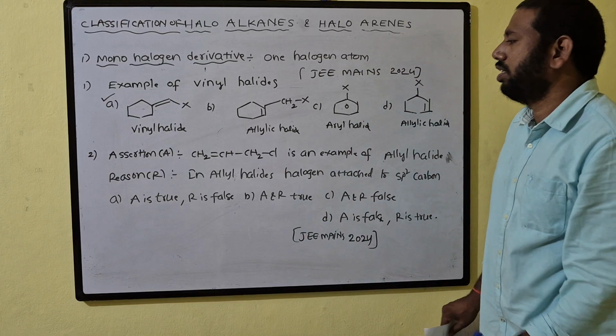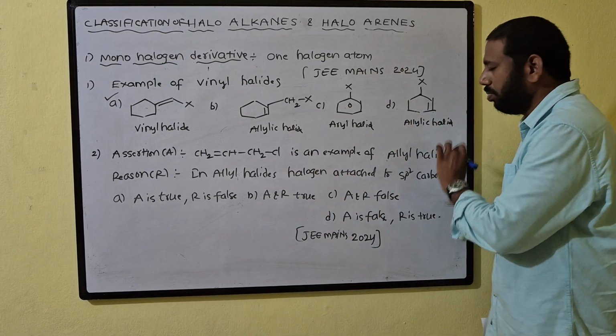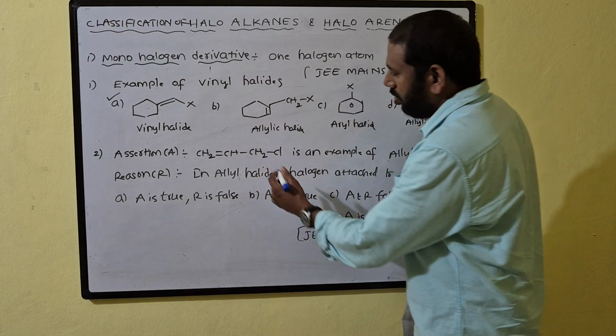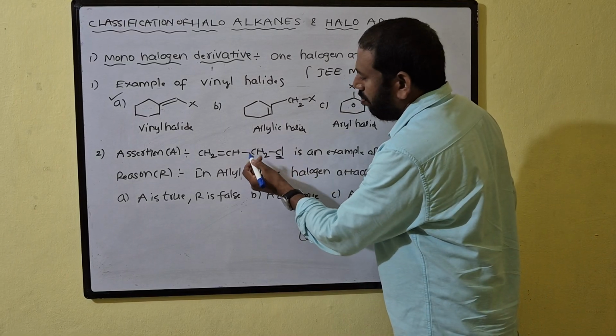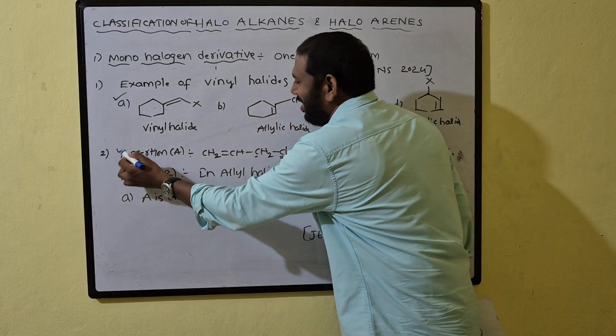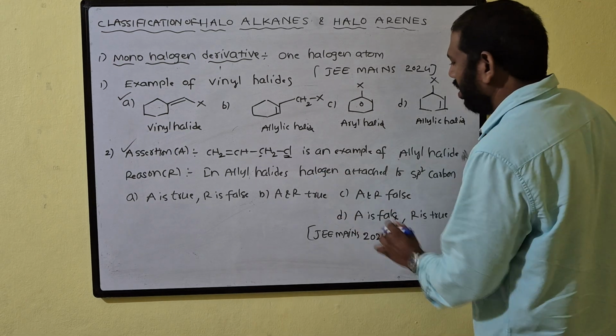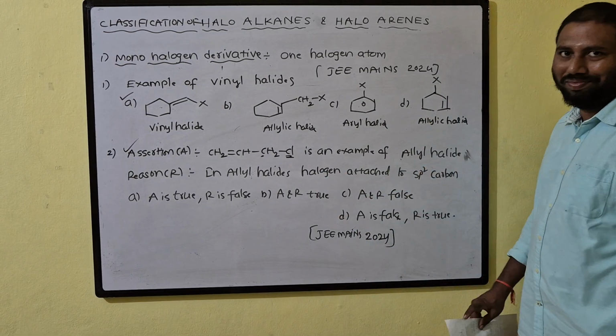So what is the assertion? CH2 double bond CH, single bond CH2 Cl is an example of allyl halide, that means allylic halide. Here the halogen is directly attached to an allylic carbon. It is an allylic halide, so the assertion is right. Next, the reason: in allyl halides, the halogen is attached to an sp2 carbon.